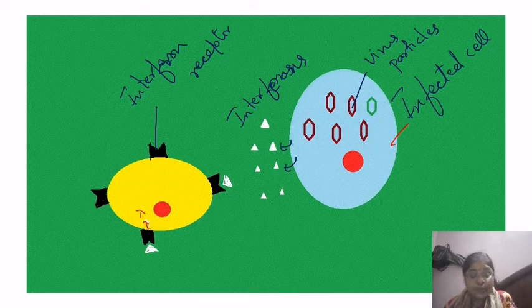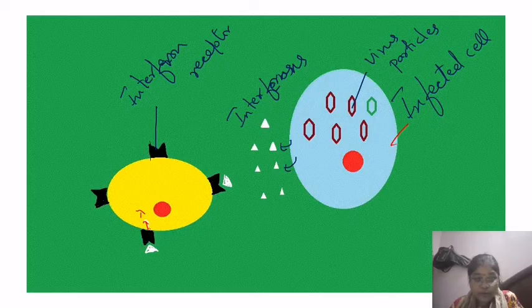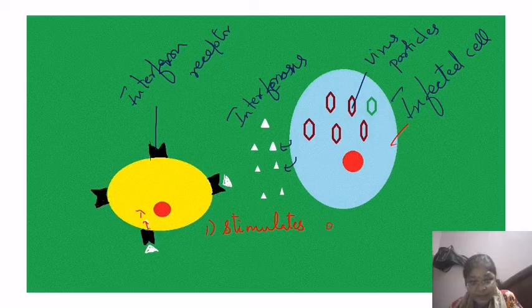What is the signal to do? It will trigger the cell to prevent virus infection. How? When this interferon binds to the receptor, it stimulates a mechanism: antiviral enzymes.